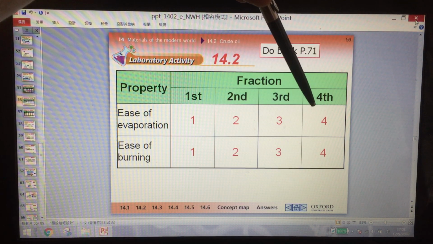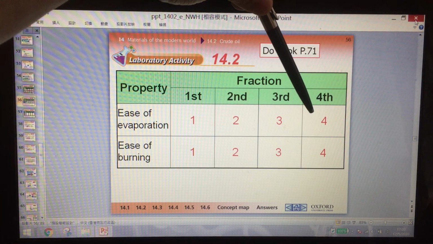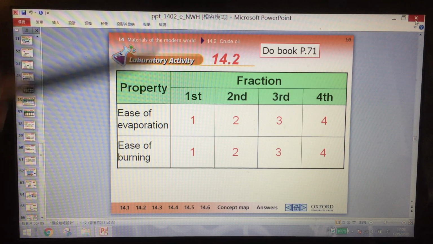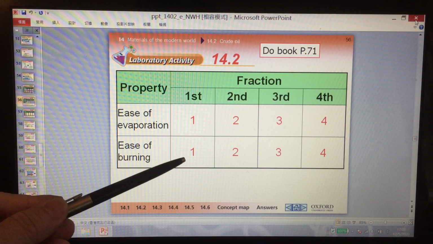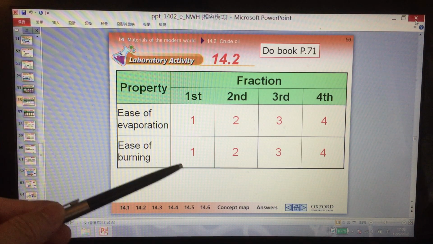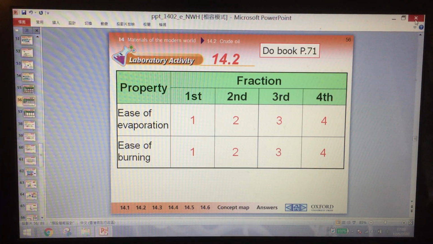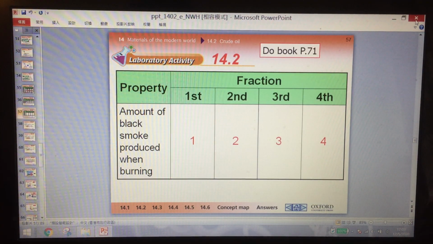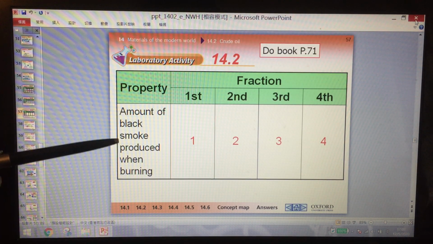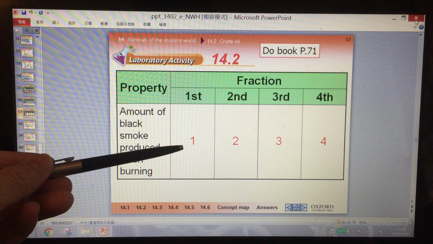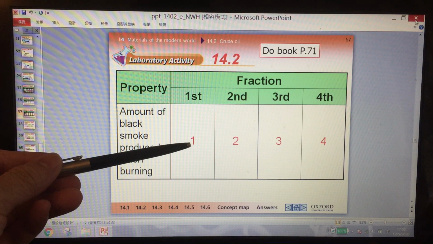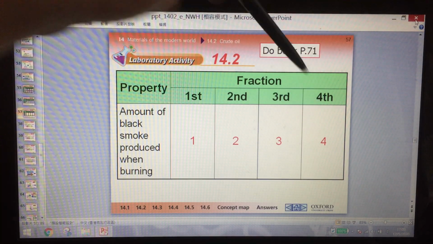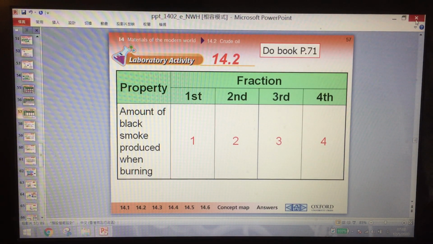If the molecule is very large, it is difficult to become vapor, so it stays liquid. And ease of burning. Small molecules are easy to burn and large molecules are difficult to burn. And for black smoke, small molecules produce a small amount of black smoke, and large molecules produce a lot of black smoke when burning.